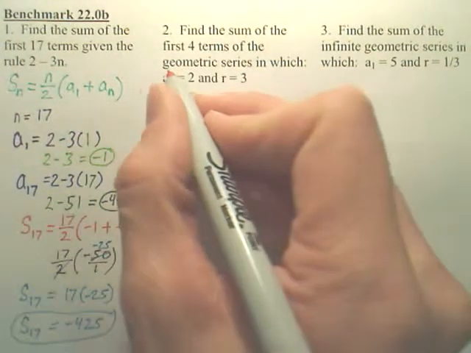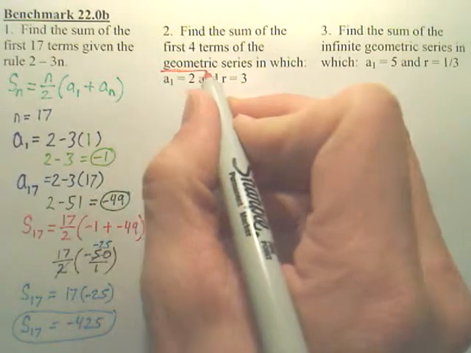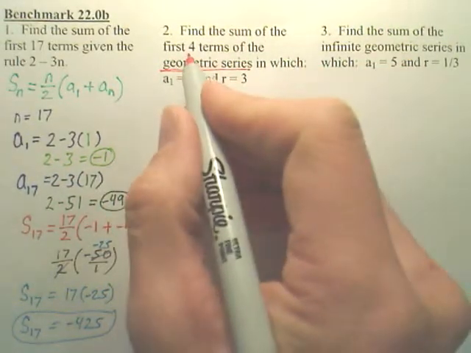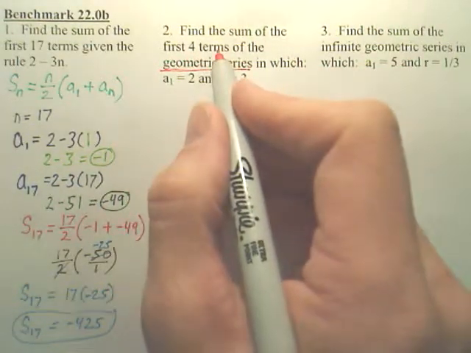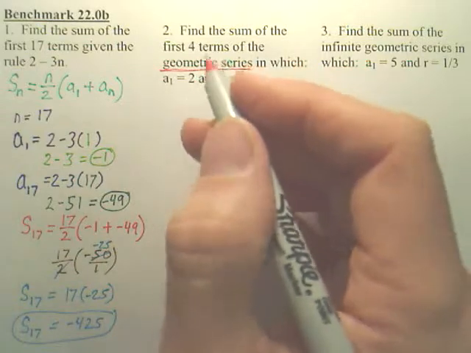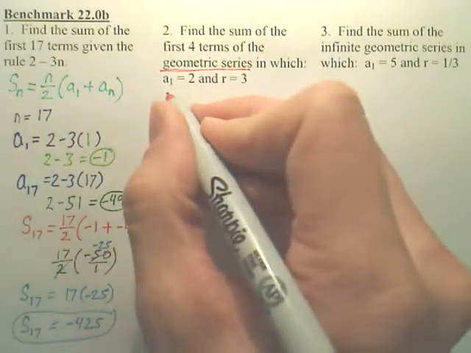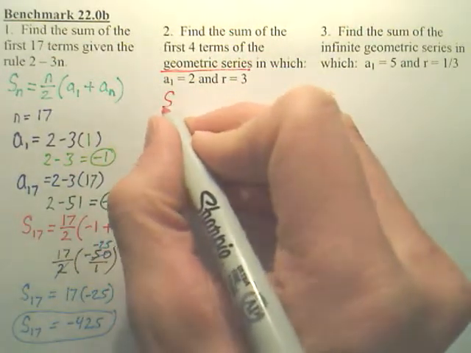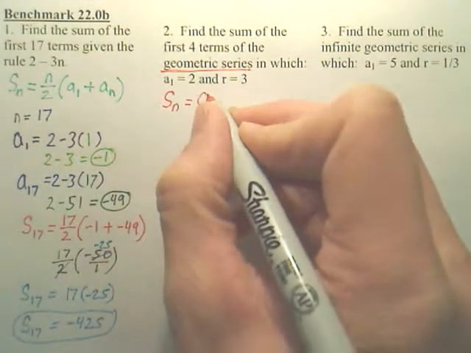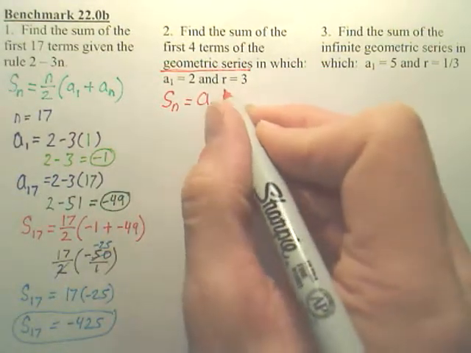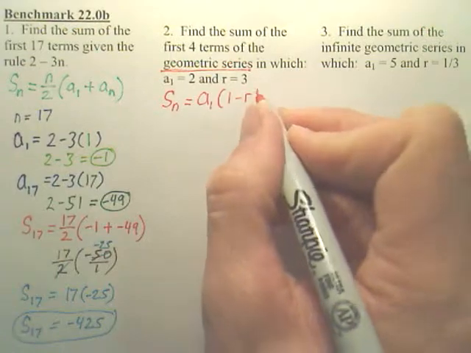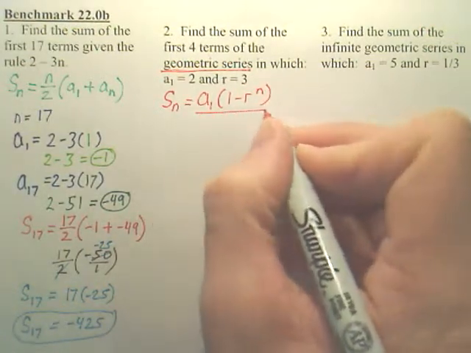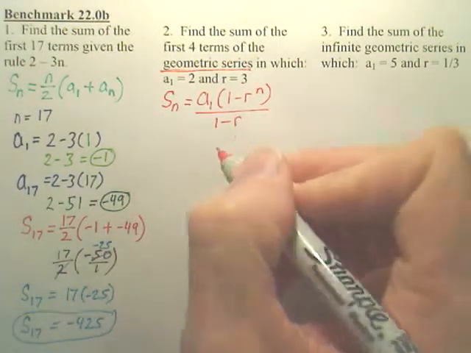Number 2, we have a geometric series, and we know our fourth term, we know we're going 4 terms. Now for a geometric series, here's the formula. The sum of them is a1 times 1 minus r to the nth over 1 minus r.